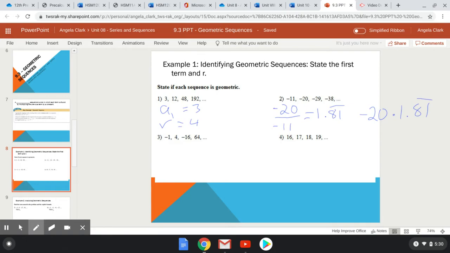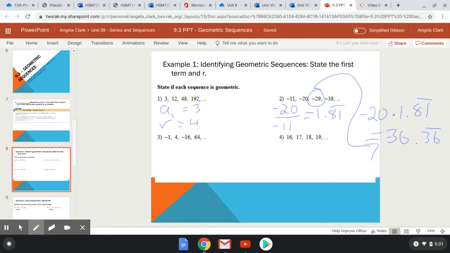I put that in my calculator, and I get negative 36.36 repeating. Well, that's not negative 29. So this is clearly not a geometric sequence because I didn't get what I was expecting to get there if this was going to be a geometric sequence.